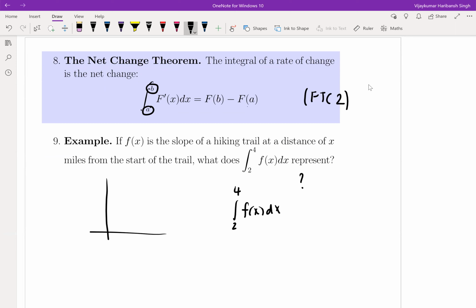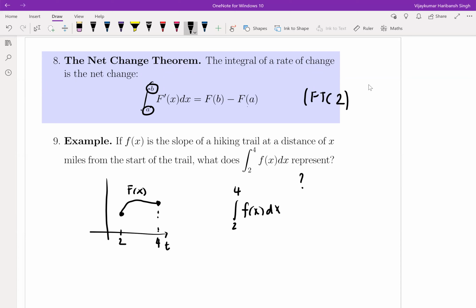You have basically, this is your distance, and this is your function f of x. Then f prime of x, what does the integral of, this is your f of x, this is 2, so this is 4.